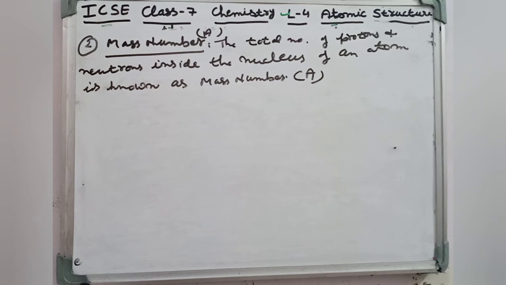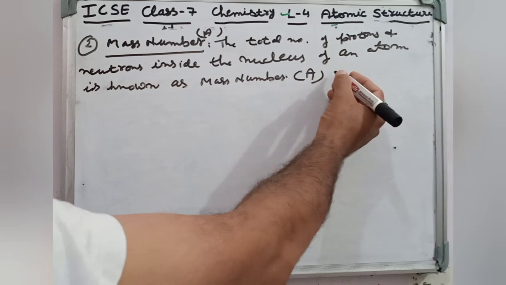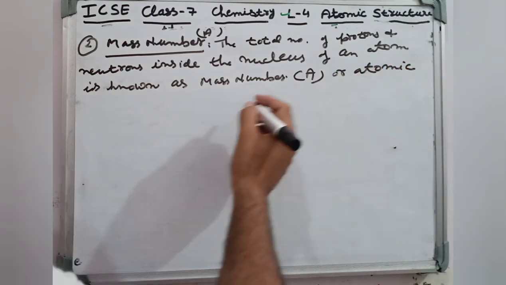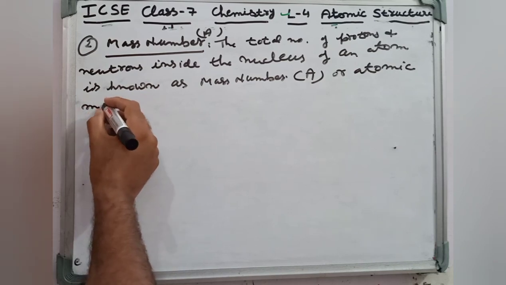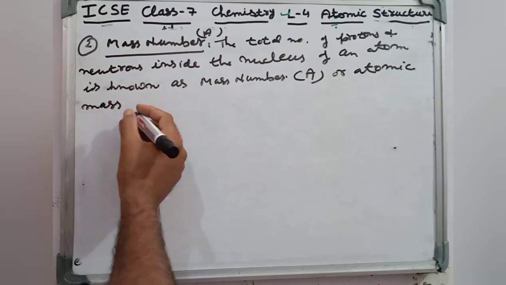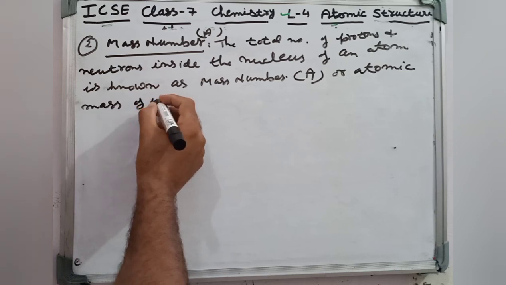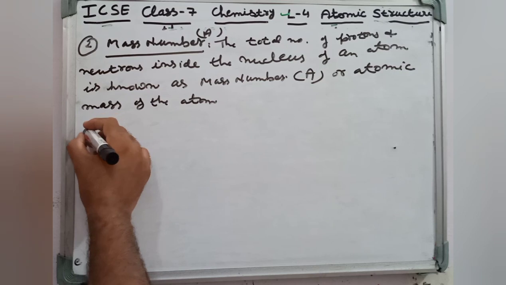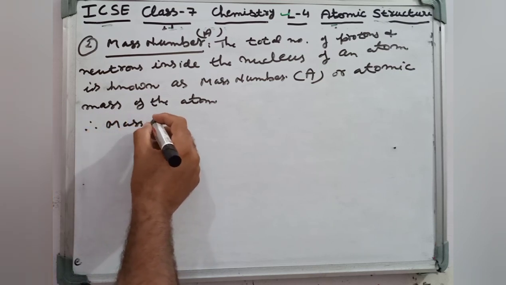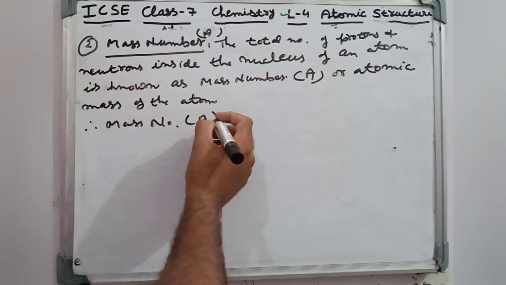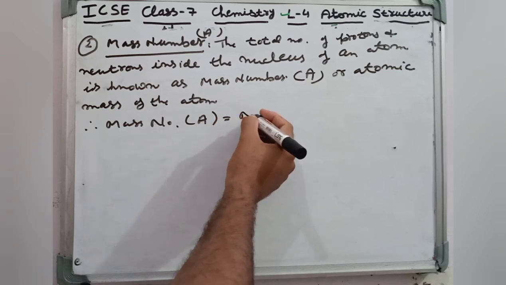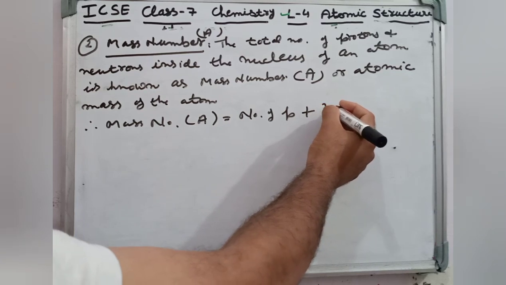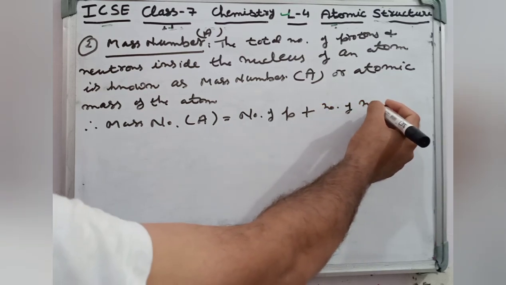Now this mass number is also called atomic mass of the atom. So mass number or atomic mass A equals number of protons plus number of neutrons.